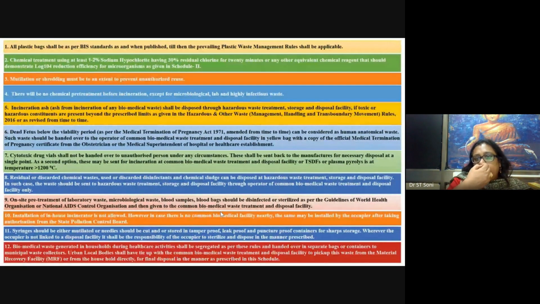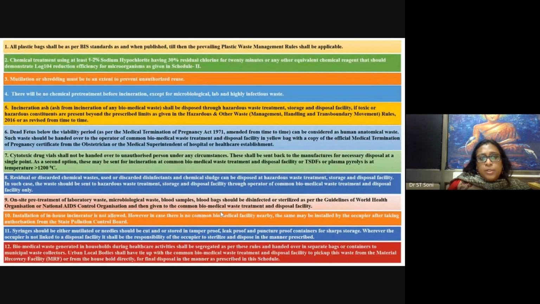So 50 to 75 micron should be its thickness, not lesser than that. And chemical treatment is supposed to be done with 1 to 2% sodium hypochlorite, and no chemical pre-treatment is needed before the incineration. So the only pre-treatment needed is in the lab and the blood banks, nowhere else. Otherwise you can send it in the yellow bag directly.